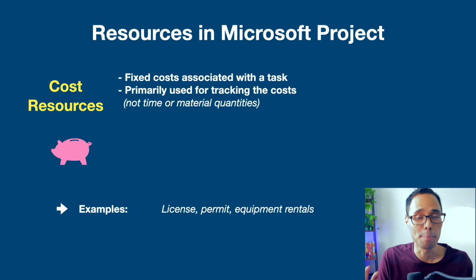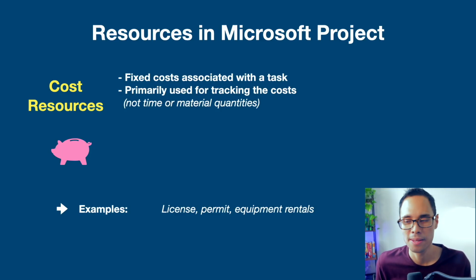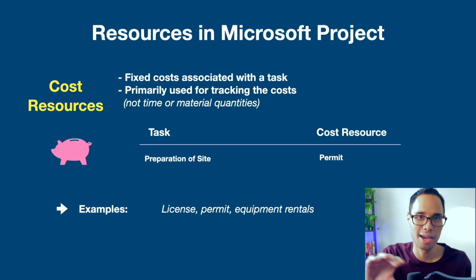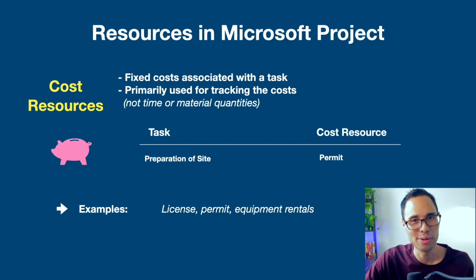So examples could be cost of a license, a permit, or equipment rentals. So if you were managing a construction project, you'd assign a cost resource for a permit to have a cost of $500. This permit cost resource would then be assigned to a task like preparing the site.